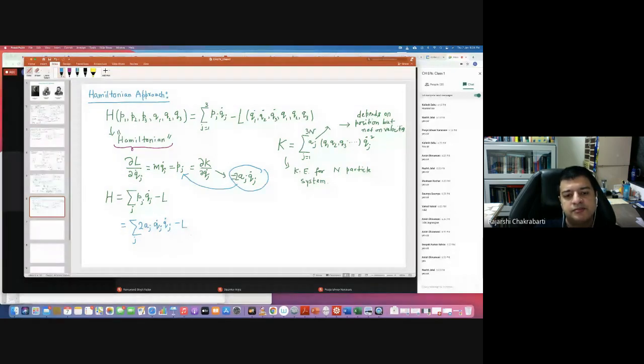Is this clear? At least somebody unmute. It's very easy, because you already know that del L del qj dot is equal to pj, and from this expression you see this is 2 Aj qj dot. If you don't like Aj, you can put m by 2, and it will be m qj dot essentially.